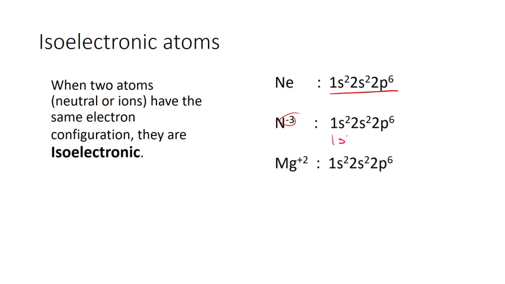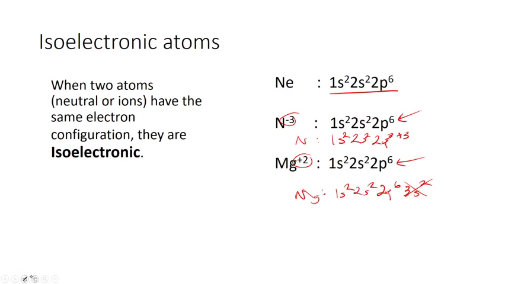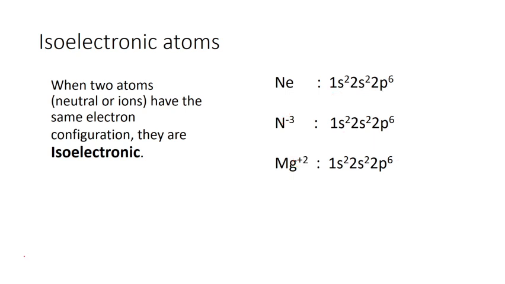Because neutral nitrogen is 1s2, 2s2, 2p3, but then we add 3 electrons to it, and we get this. And here we have a magnesium ion, +2, which means it has lost 2 electrons. So neutral magnesium would be 1s2, 2s2, 2p6, 3s2. But when we lose them, these go away, and we get this. They all have the same electron configuration. That is isoelectronic.